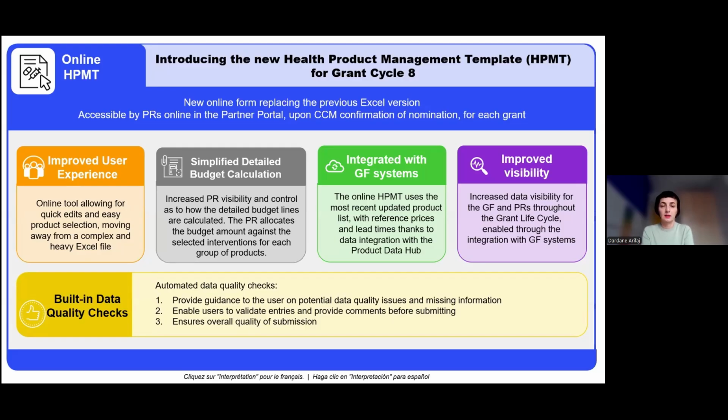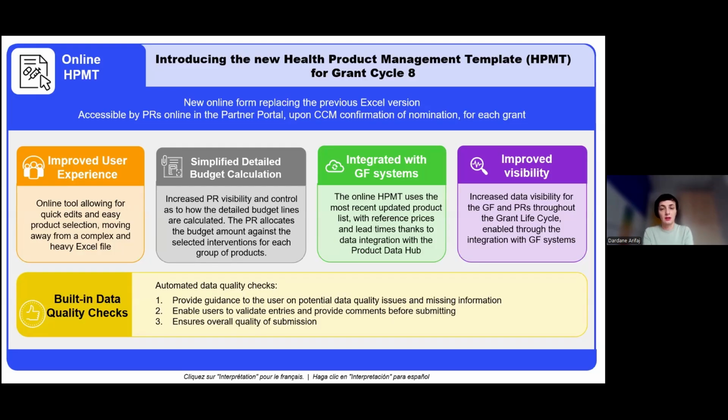One of the great features that we think will add a lot of value in the process is built-in data quality checks. These data quality checks are installed at different points and will provide guidance to the user on potential data quality issues and missing information, will enable users to validate entries and provide comments before submitting, and will ensure overall quality of submission.